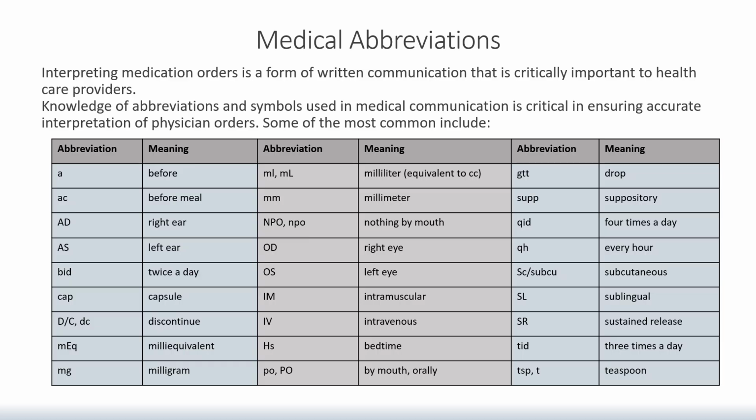So medical abbreviations, interpreting medication orders is a form of written communication that is critically important to healthcare providers. So knowledge of abbreviations and symbols used in medical communication is critical in ensuring accurate interpretation of physician orders.